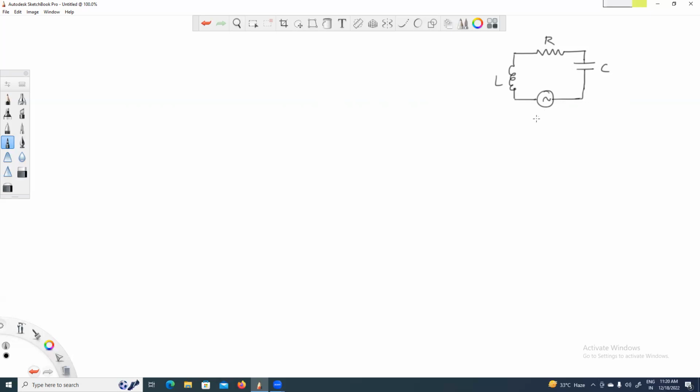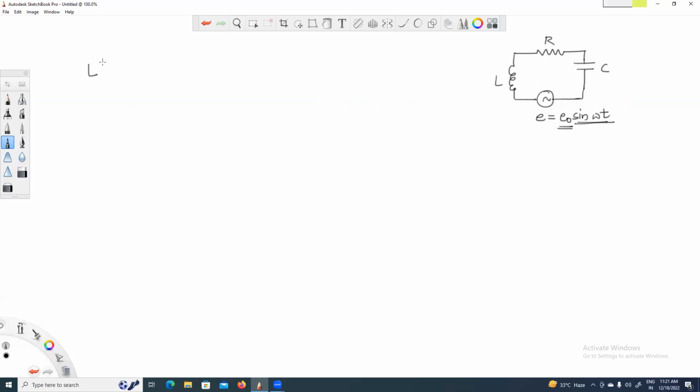If I denote this by E, this would be some E naught amplitude, let's say sine of omega t. So this is AC. Obviously, it has to be periodic in nature with certain amplitude. So I'm taking this E naught sine omega t. Now, if I write the differential equation for this particular circuit, the potential drop across the inductance L is L di by dt.